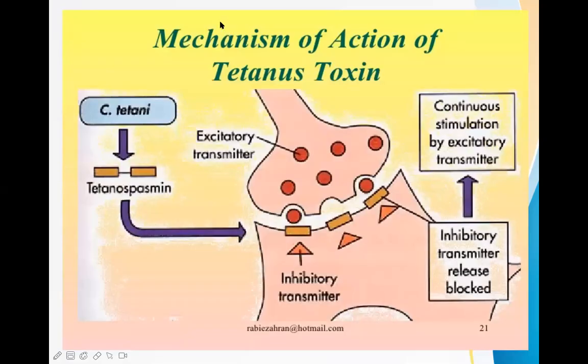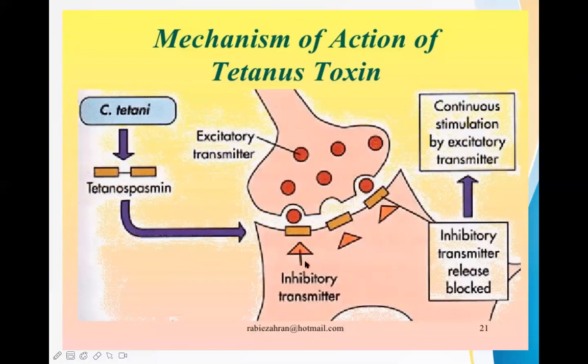Let's move on now. Quickly, let's revise what we discussed till now regarding the pathogenesis. Clostridium tetani is the causative organism. This organism produces tetanospasmin, a powerful neurotoxin. This tetanospasmin is carried by the axons of the nerve up to the synapses.